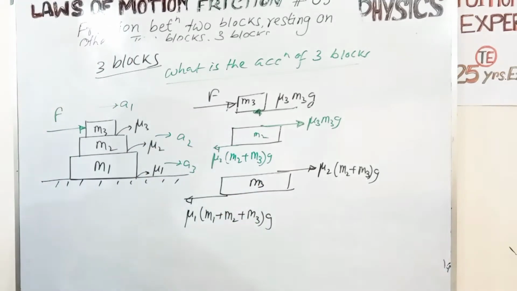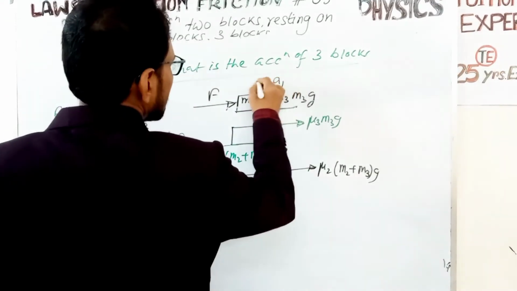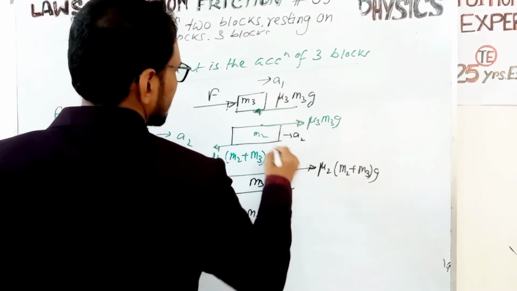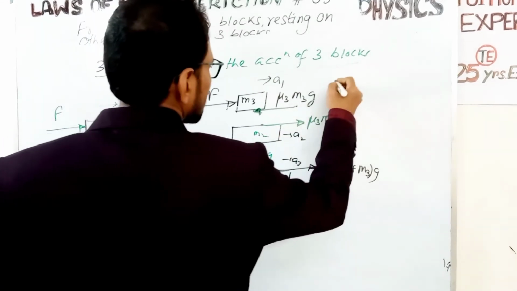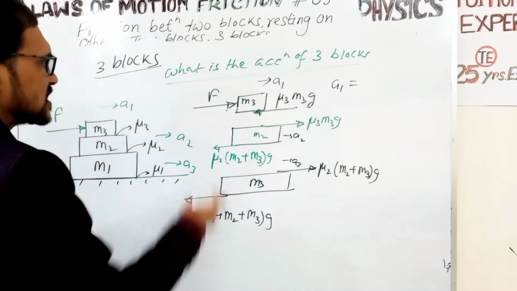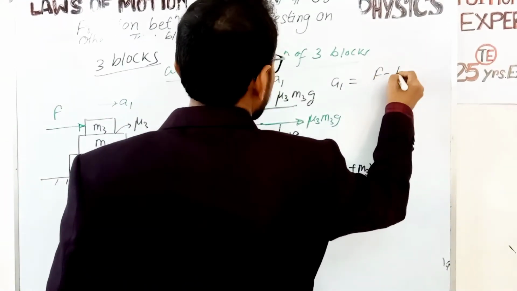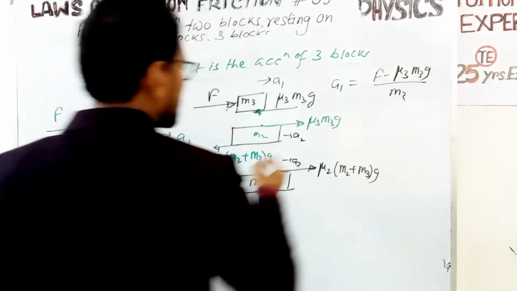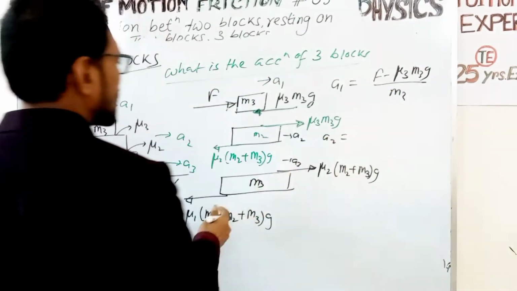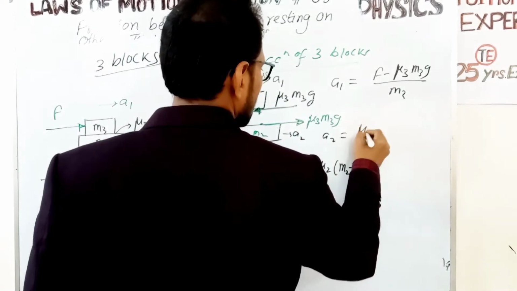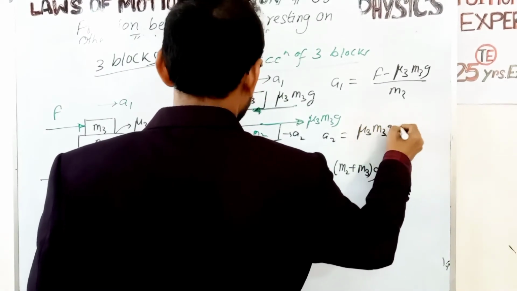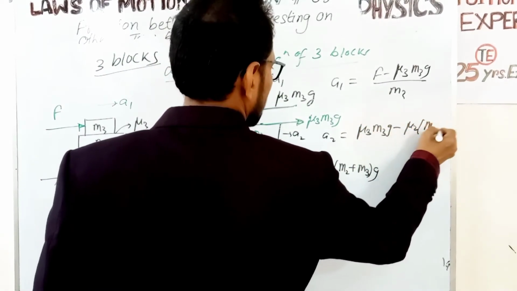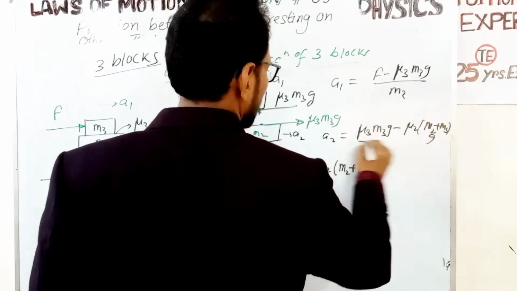Now just find the acceleration of each body. So here the accelerations are A1, A2, A3. Just net force by mass. What is the net force? Net force equals F minus mu3 M3 G, divided by M3. Acceleration A2 equals net force, this minus this, by M2.